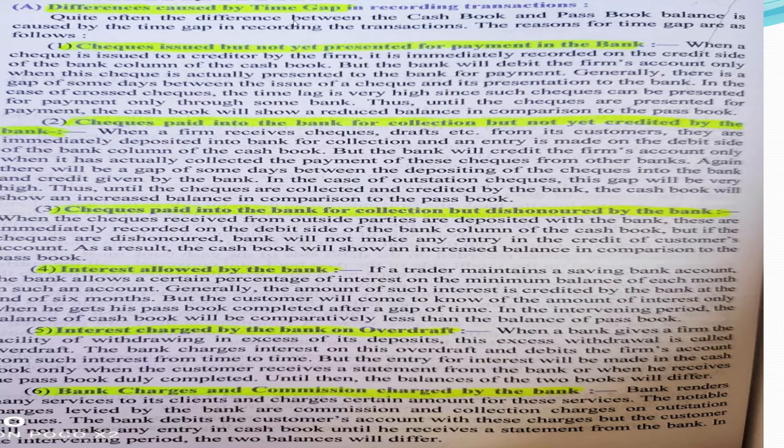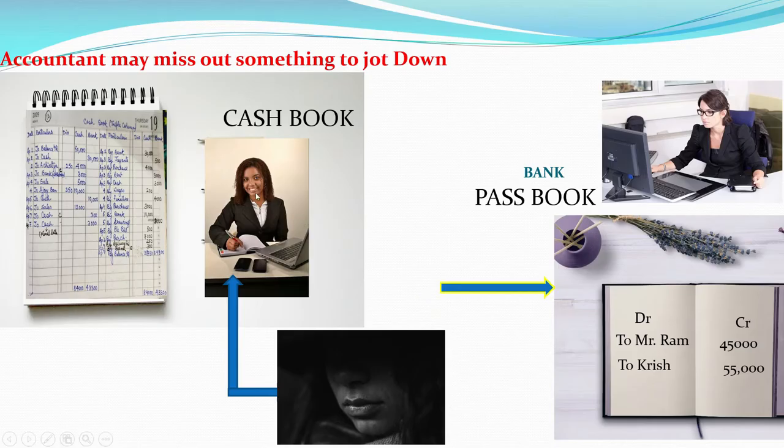The first difference caused by the time gap is check issued but not yet presented for payment in the bank. Suppose the accountant has recorded when the entrepreneur issued the check, accountant deducted from his bank column of cash book, but at that time the check was not presented to the bank, so it wasn't recorded in the passbook.